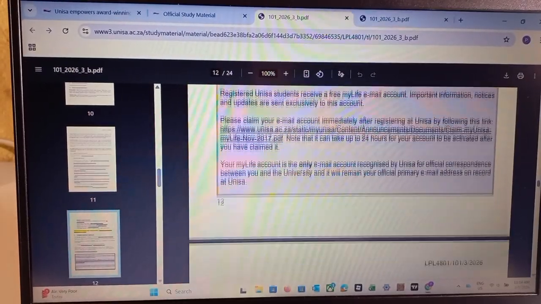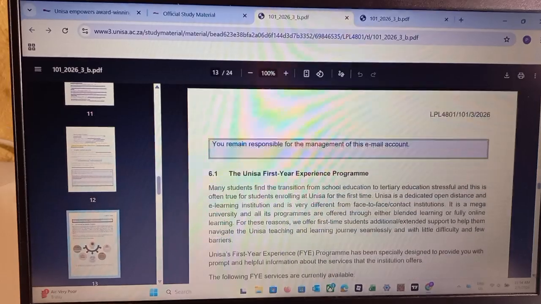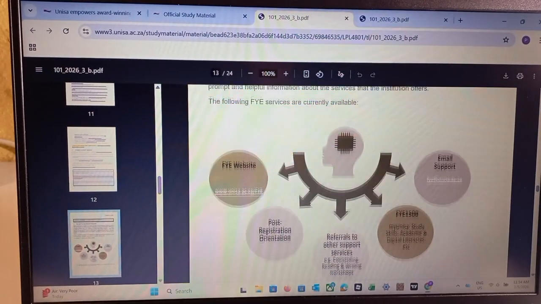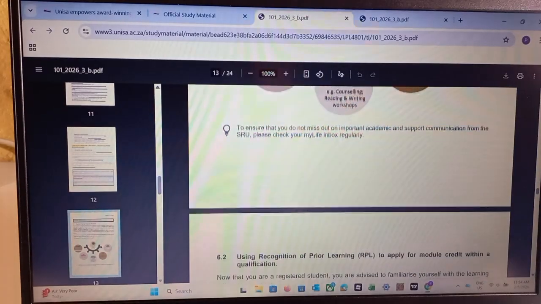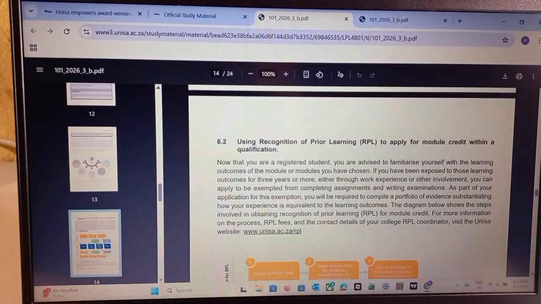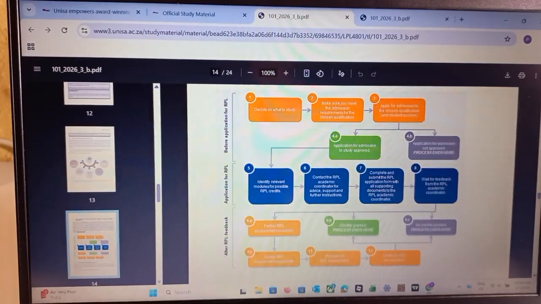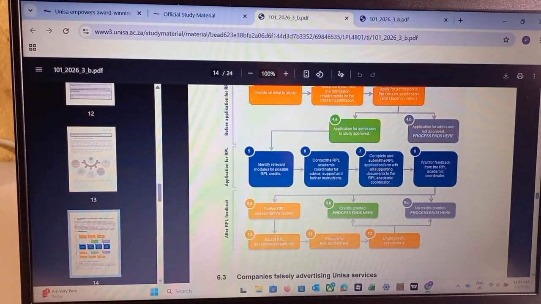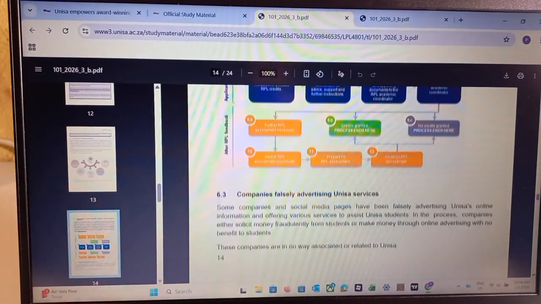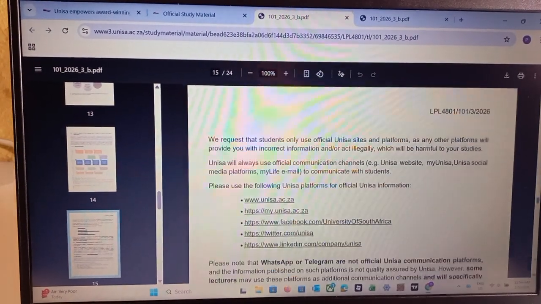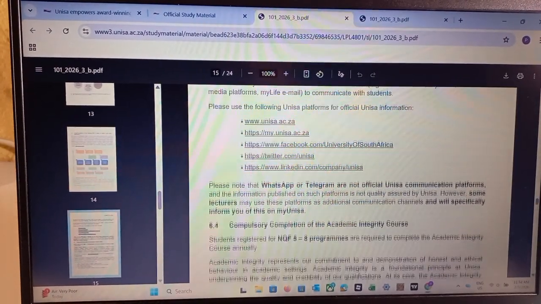Okay, all right, let's see if we've got anything else. The Unisa first year experience program, we are skipping that. I'm sure we are all fourth years here, so some of us are third years, some of us are fourth years. Yeah, when you know, you know the Unisa situation.